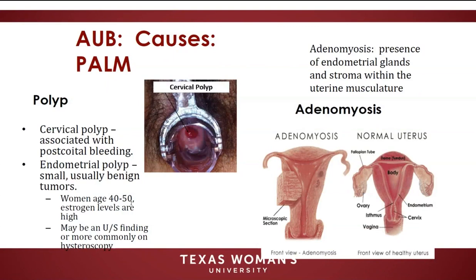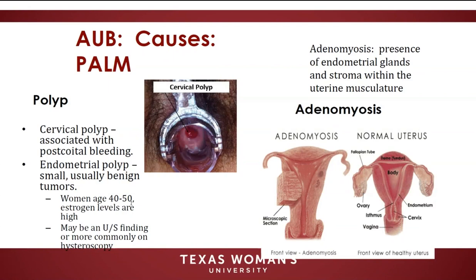A lot of these just need a cervical block or a local anesthetic, but a lot of times these are done in the operating room. If it is a woman who is older and isn't planning any more pregnancies, sometimes they will remove the polyp and then do an endometrial ablation, which is where the endometrial lining is cauterized to try to keep it from coming back.